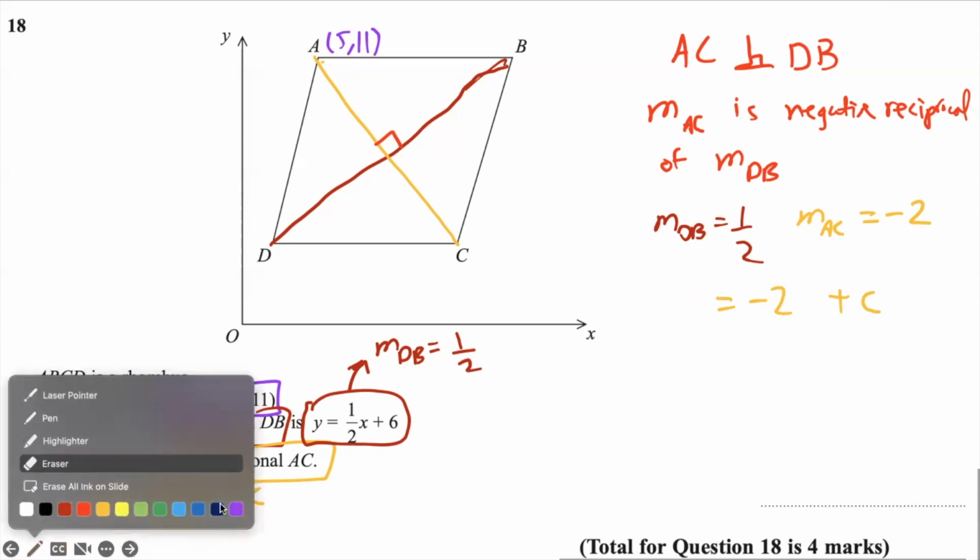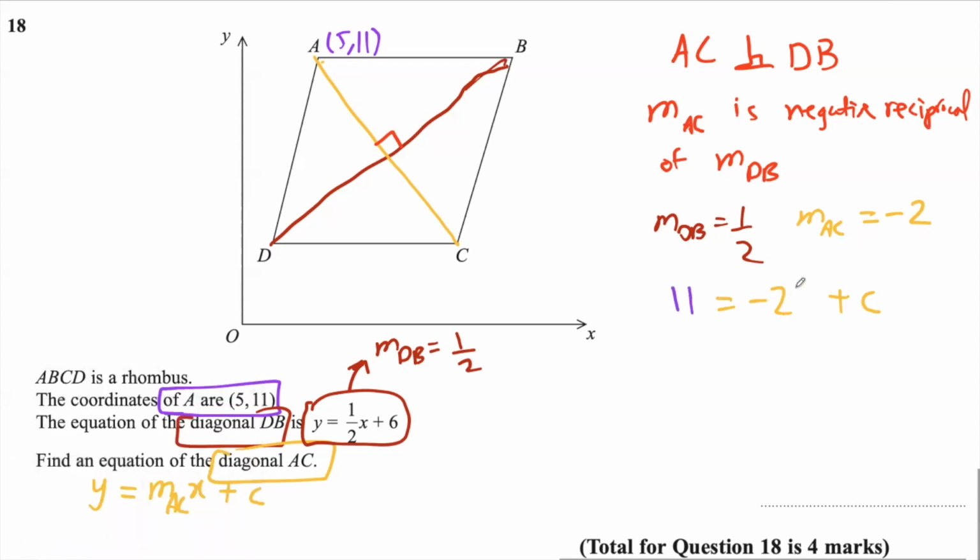So y is 11 and x is 5, which means that 11 is going to be -10 plus c, and c is going to be 11 plus 10, which is 21. So the equation is going to be y equals -2x plus 21.